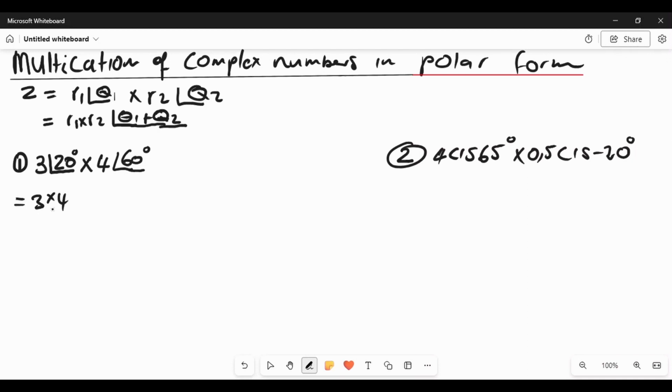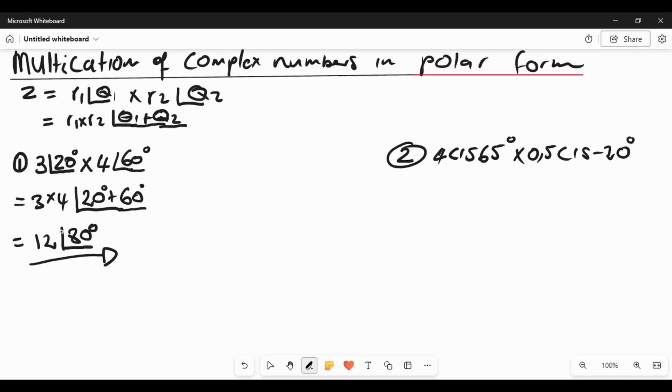As I said, the moduli multiply each other. As for arguments, they're going to add. So it's going to be 20 plus 60 degrees. There we go. So this here is going to give you 12 polar 80 degrees. This one really is not that difficult. It was simple like that. This is the polar form.